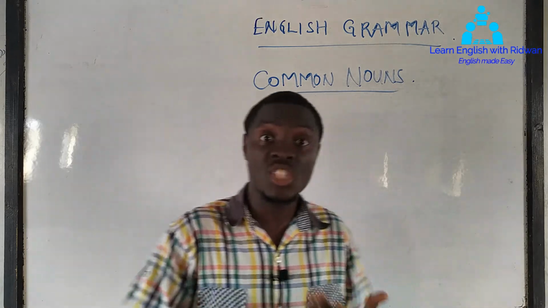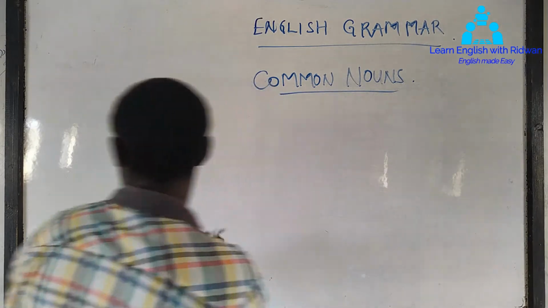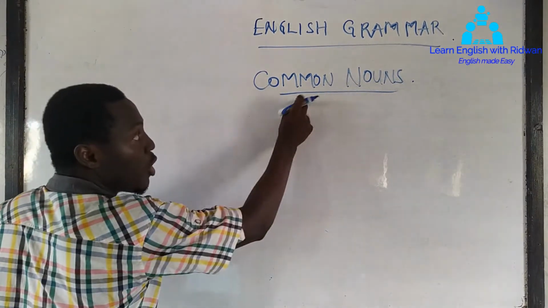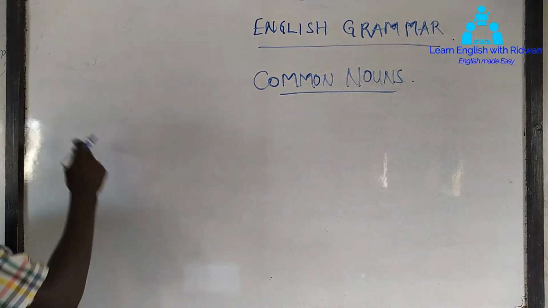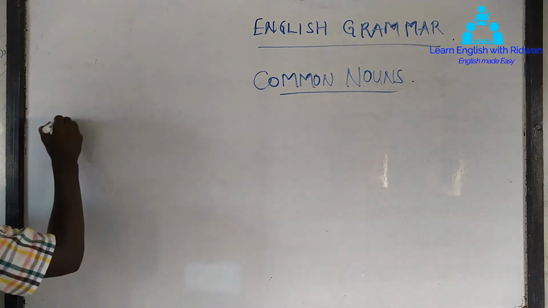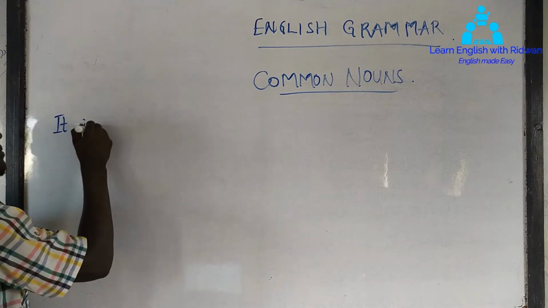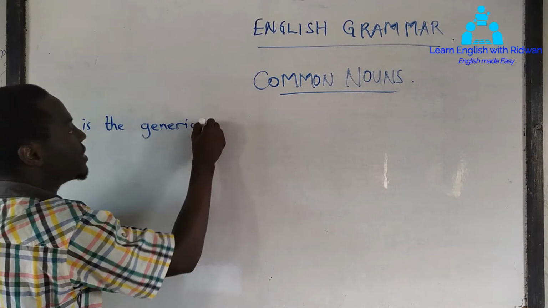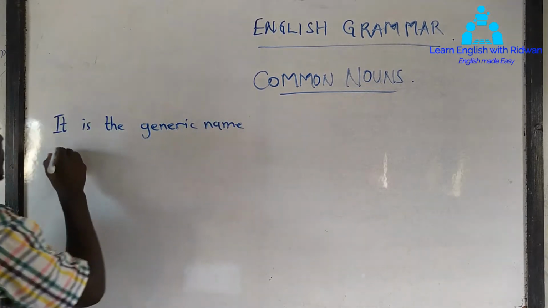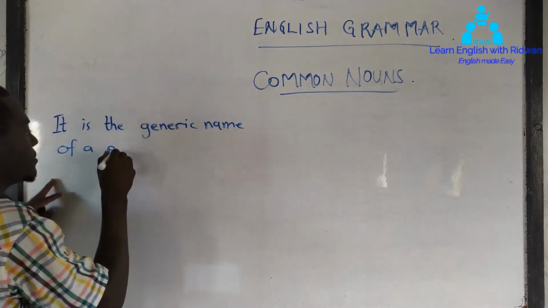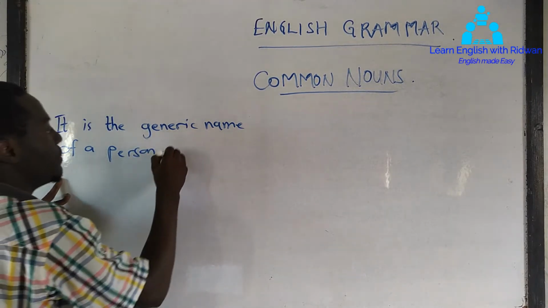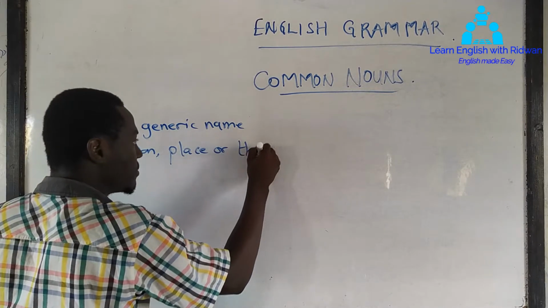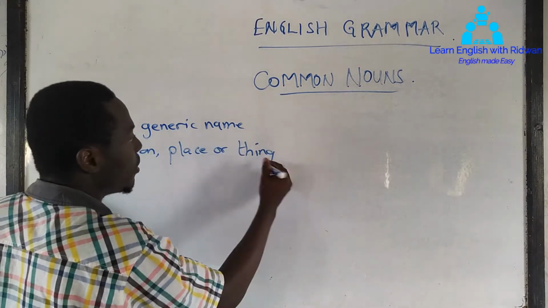A noun is the generic name of a person. So we say a common noun. A common noun. It is the generic name of a person, place, or thing.